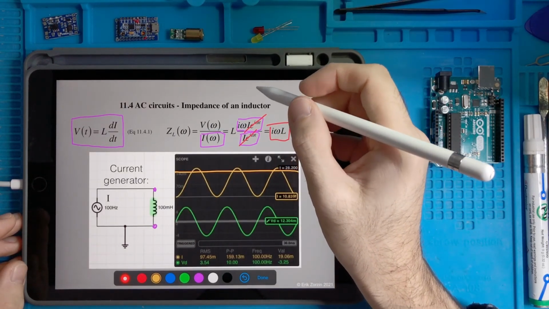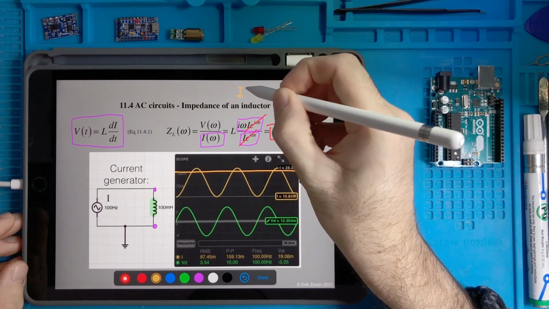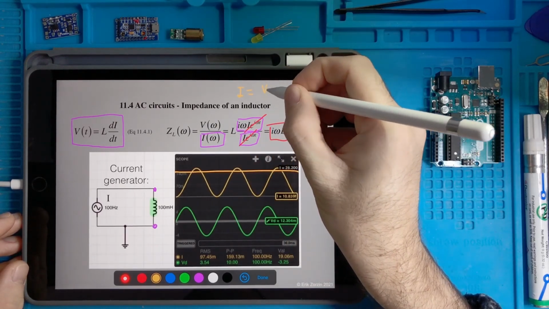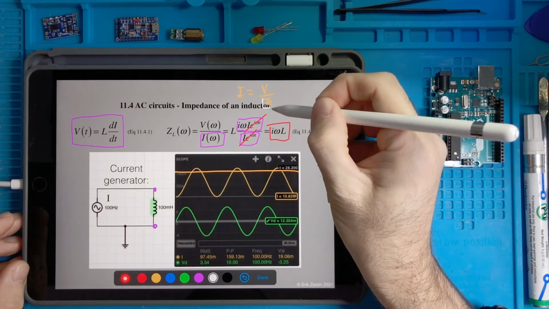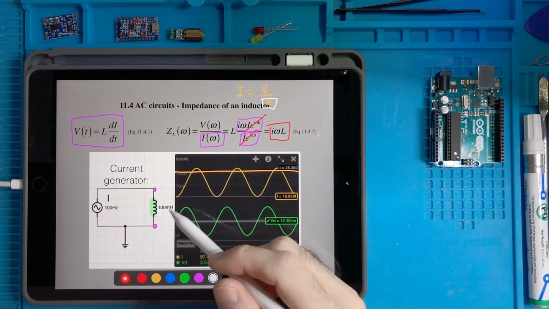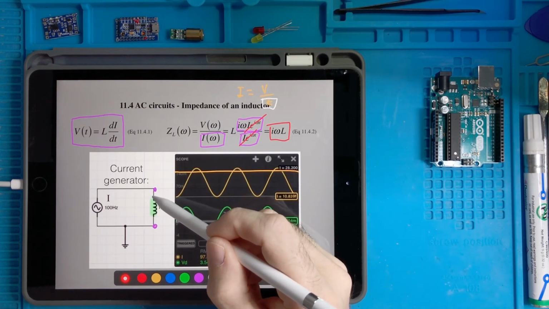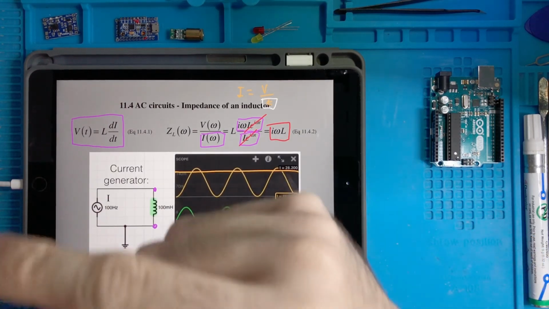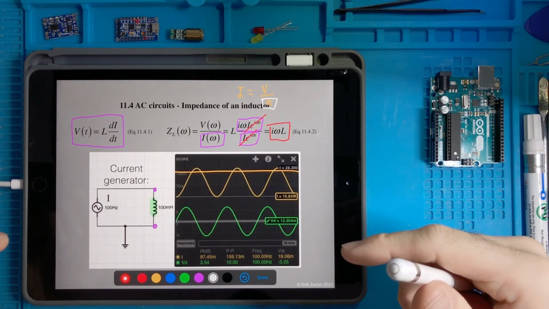if we try to calculate the current, I equals V over Z. If this is 0, it means that the current is infinite. So basically, for low frequencies, inductors are short circuits. We can imagine this because it's just a piece of copper wound in a spiral.